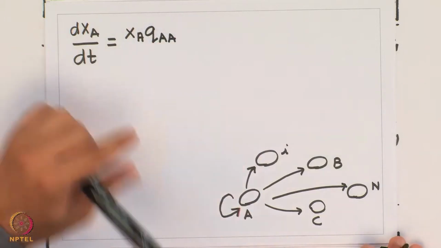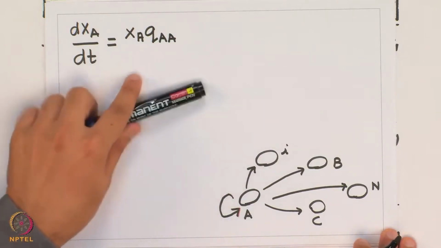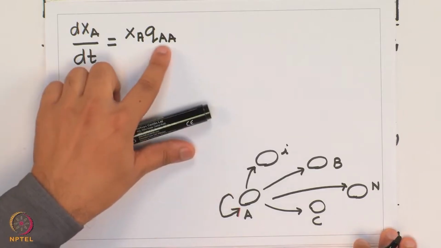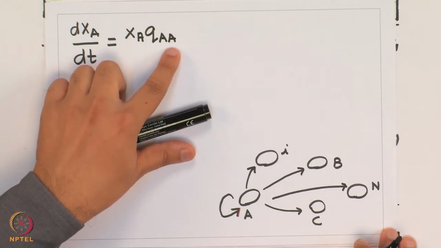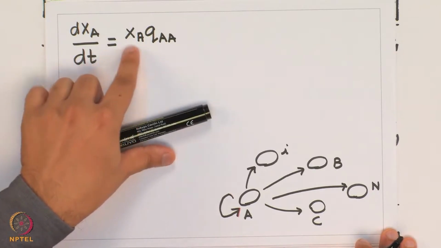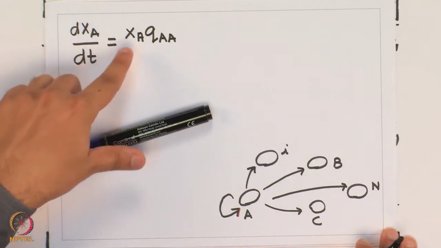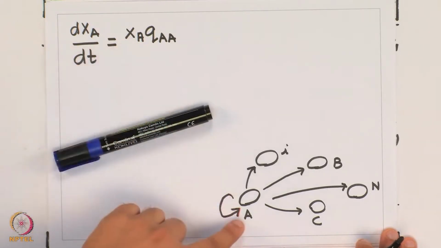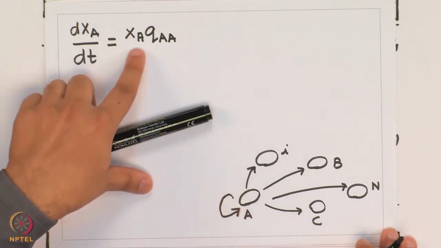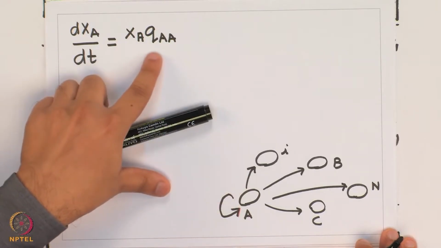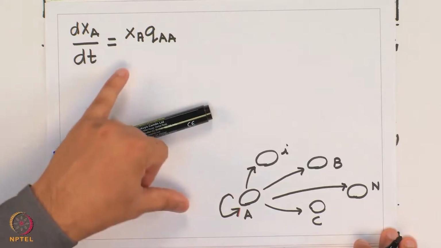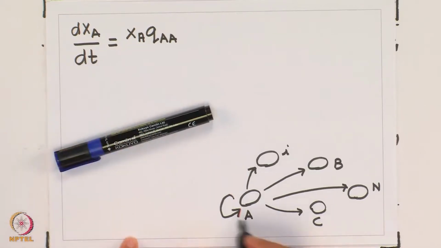It's important you realize this, that Q_AA is the probability that when A divides, the progeny is of genotype A, and x_A is the fraction of individuals which belong to genotype A at that particular instant. So x_A Q_AA represents what fraction of progenies that are being produced are incoming as defined by this particular node.